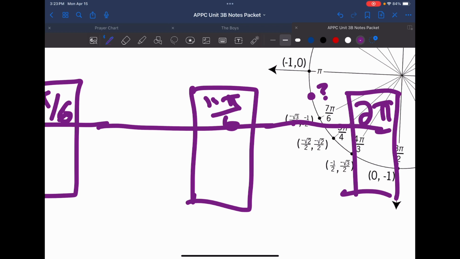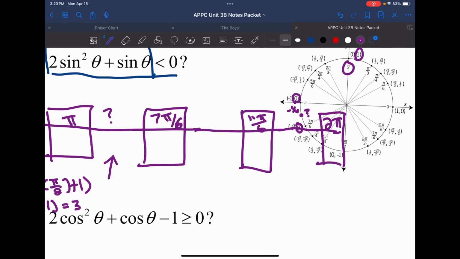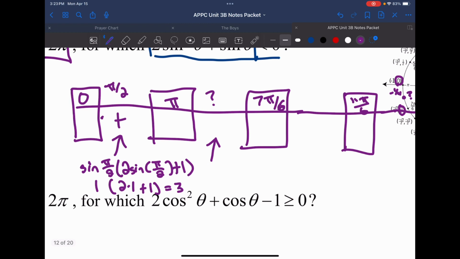We know that the sine value is going to be between 0 and negative 1 half. So maybe right here, the y value for our question mark is negative 1/4, because between 0 and negative 1 half, there's going to be a negative 1/4. So we can say sine of my question mark times 2 sine of my question mark plus 1.